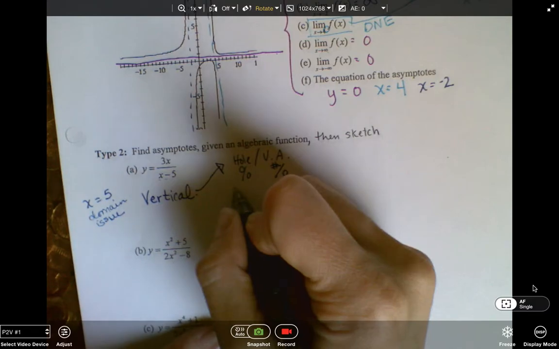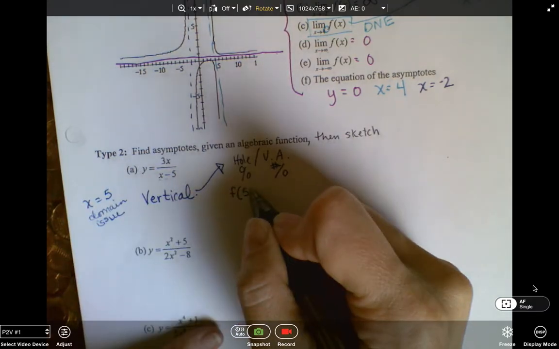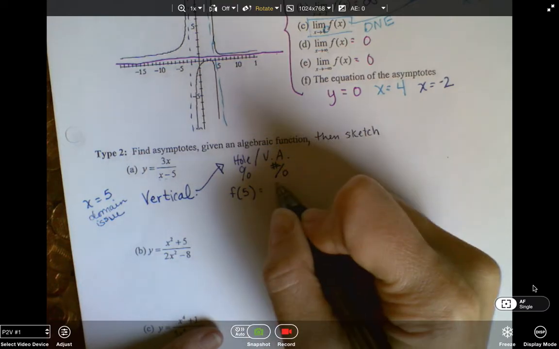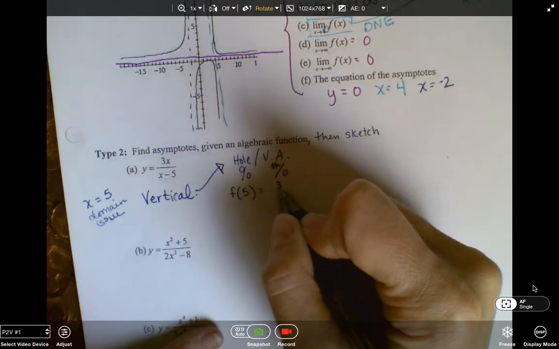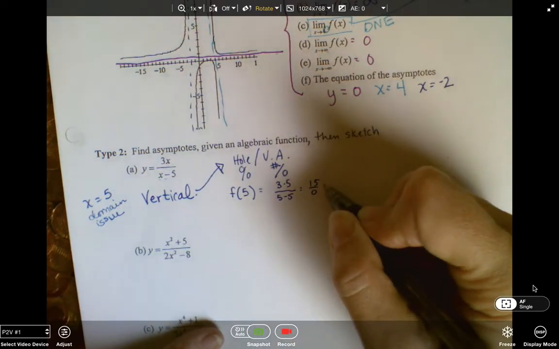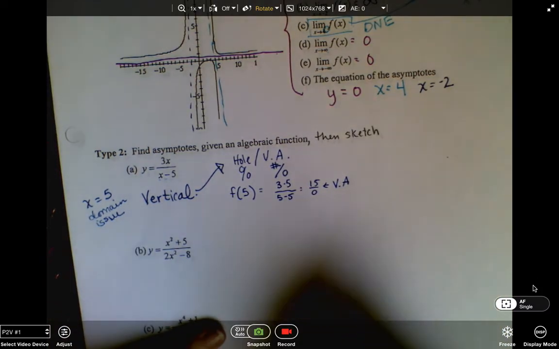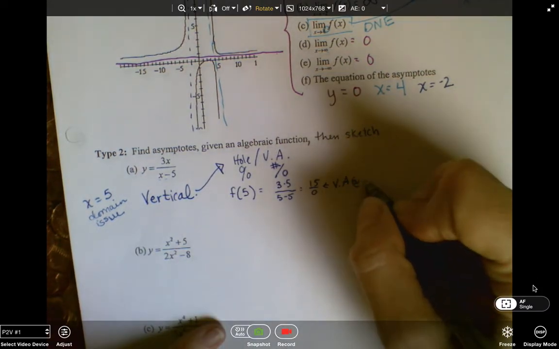F of the excluded value, 5, is going to be 3 times 5 over 5 minus 5, which is 15 over 0. So this is telling us that we have a vertical asymptote at x equals 5.